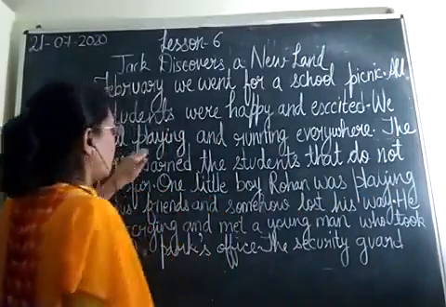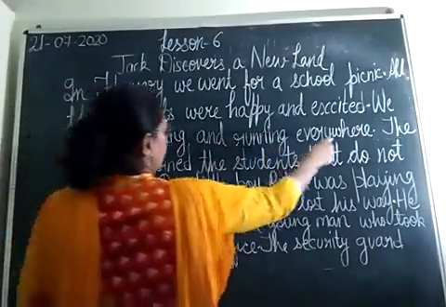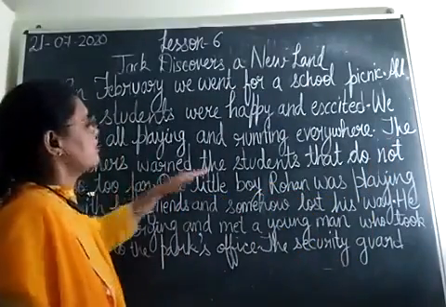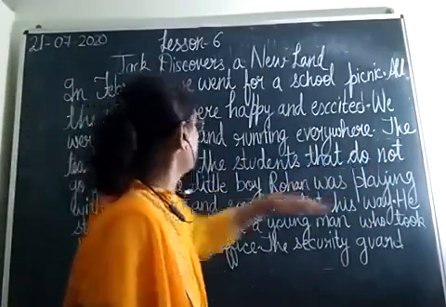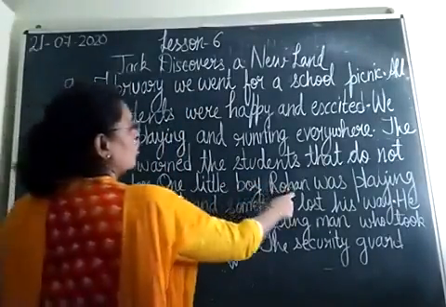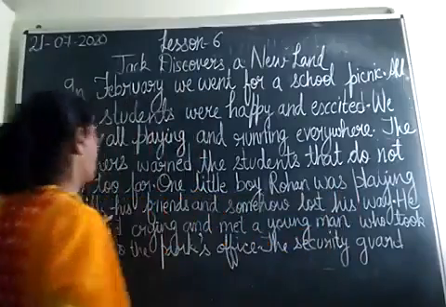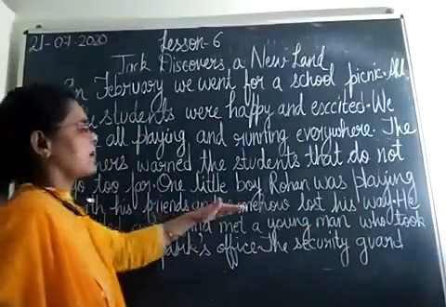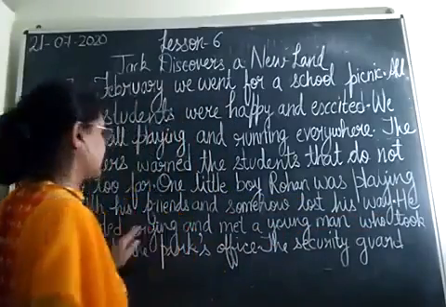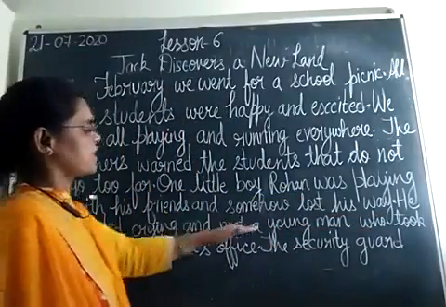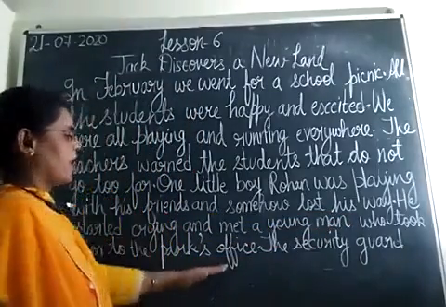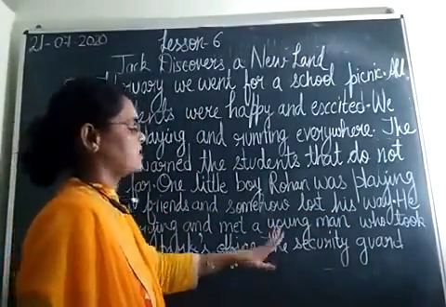We were all playing and running everywhere. Full stop. The teachers warned the students that do not go too far. One little boy, Rohan, was playing with his friends and somehow lost his way. Full stop. He started crying and met a young man who took him to the park's office. Full stop. The security guard.